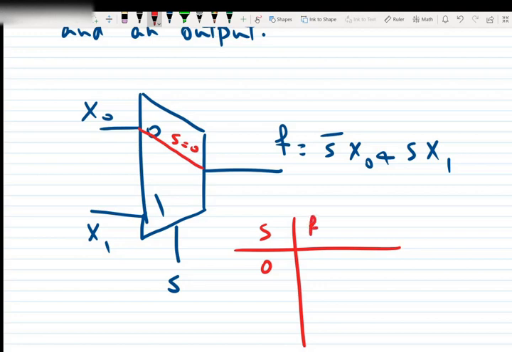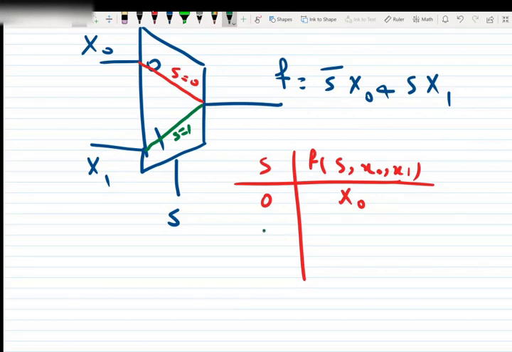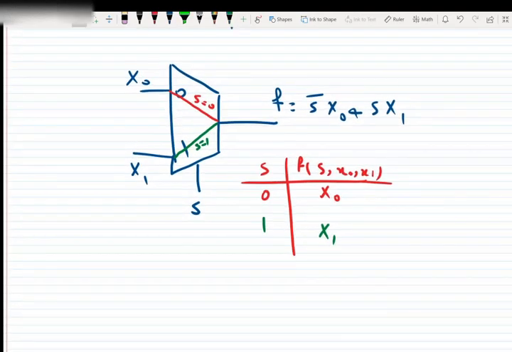So the output, which is a function of the control input and the inputs, will be x0. If S is 1, x1 will be connected to the output. So that's the basic function of a multiplexer.